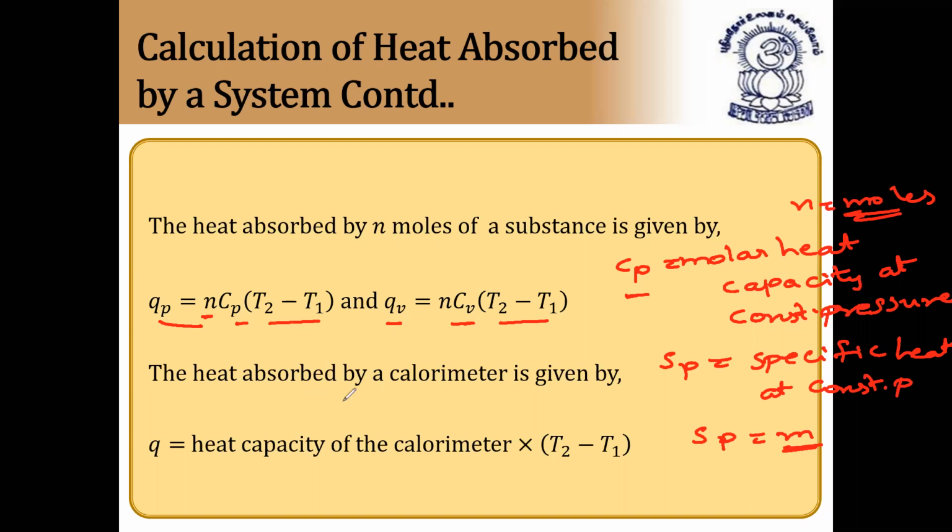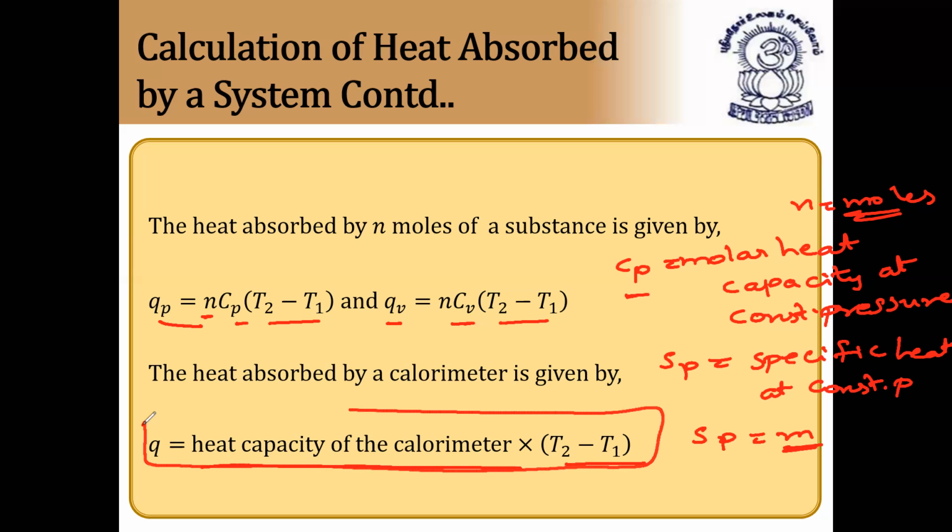The heat absorbed by a calorimeter is given by heat capacity of the calorimeter into T2 minus T1. So what is this calorimeter? Calorimeter is nothing but what is called a bomb calorimeter. You can find method of mixtures. We can find heat capacity of the mixture and heat absorbed.